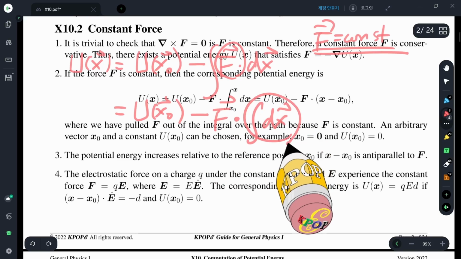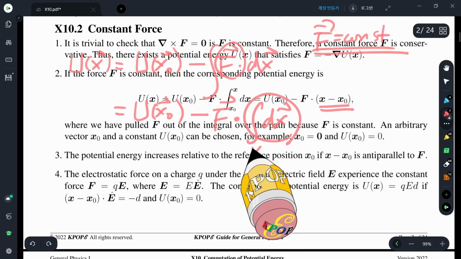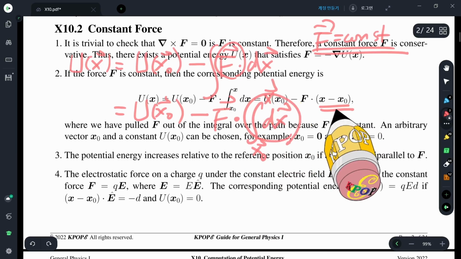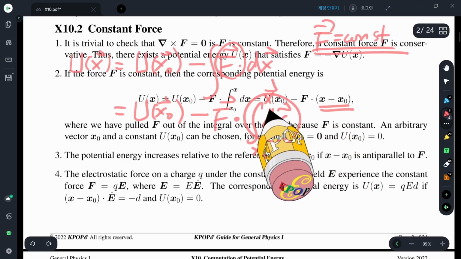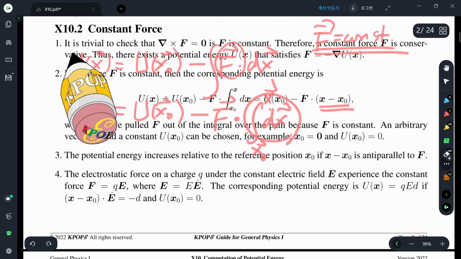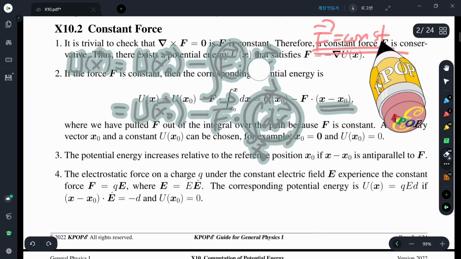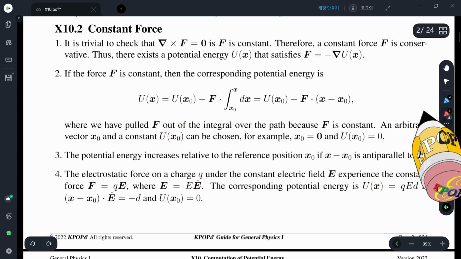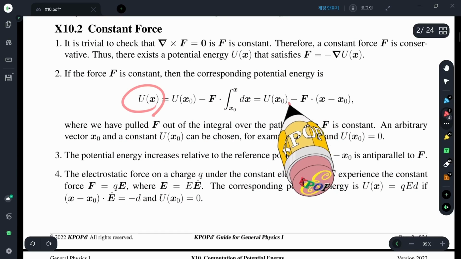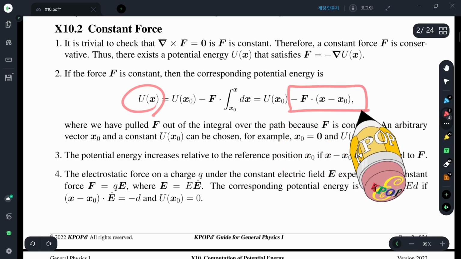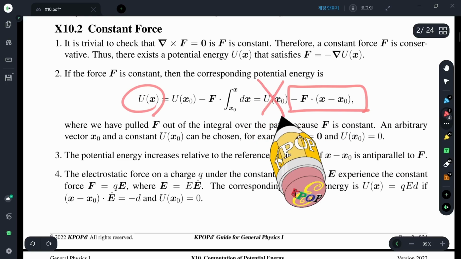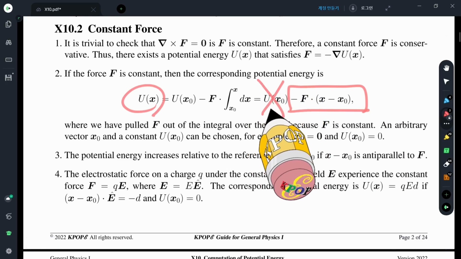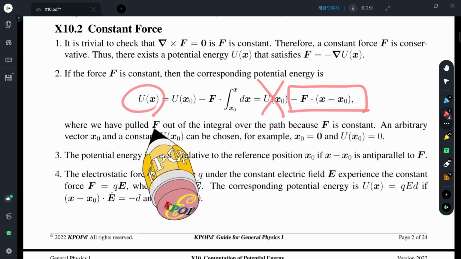And this is a trivial integral from the reference point to an arbitrary point. So I have a potential energy that is this, plus u of x0. This is just a constant, so it doesn't matter.